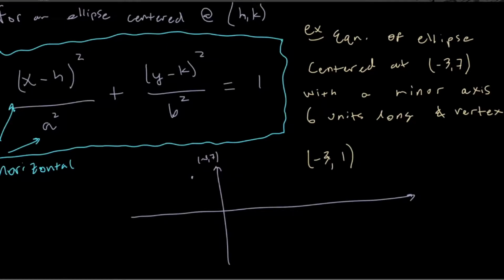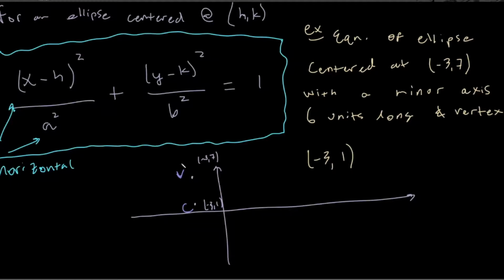I don't really know which direction that is yet. And the vertex is at -3, 1, so that would be along the same line. It's -3, 1 and -3, 7. So here we have the center, I'll label it, and here we have the vertex.